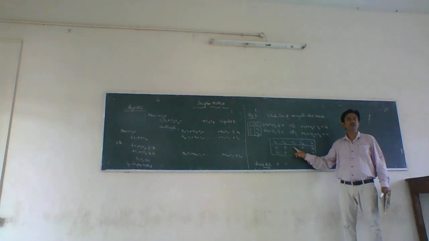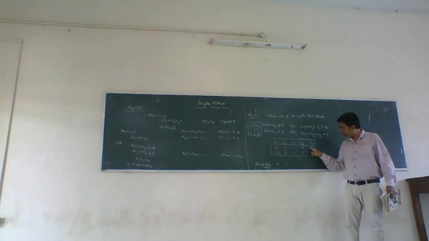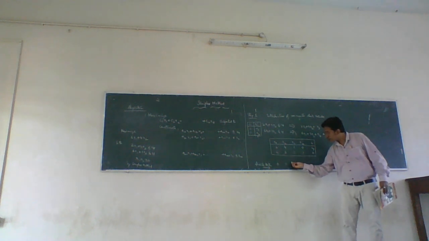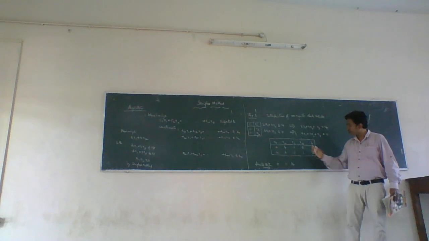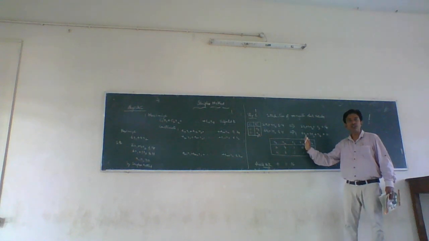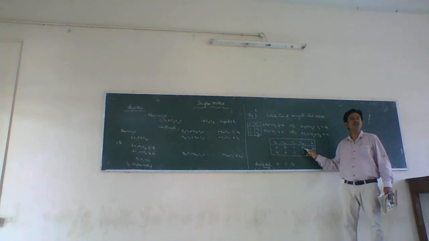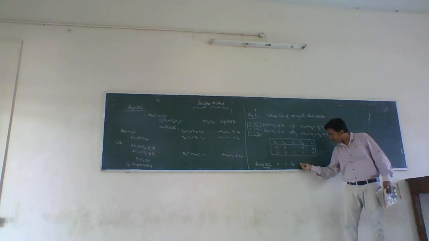This one. Here the numerical 1 is there. So in this row, what is the value of b? 14. That will be your solution. Now let us look at this column. Here we do not have any single entry. Here we have it. Now what is the value of b? That will be the solution.